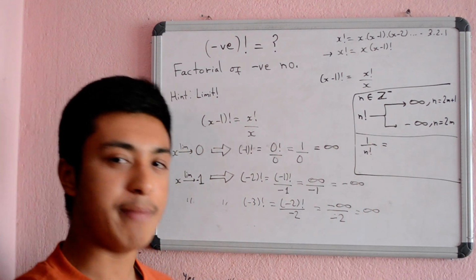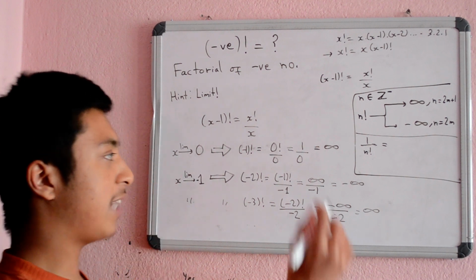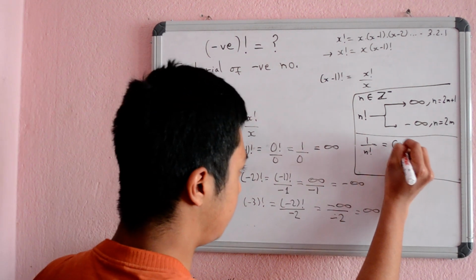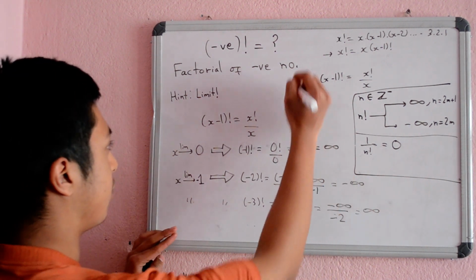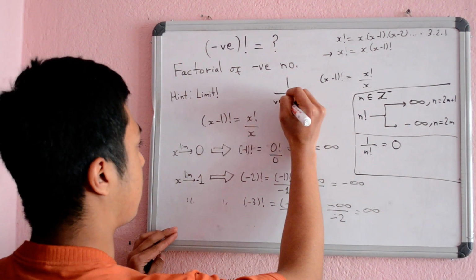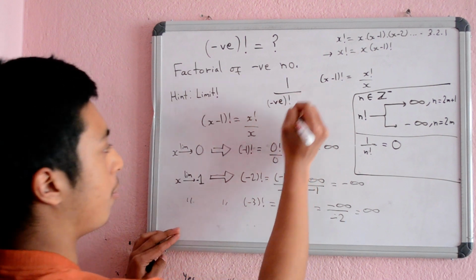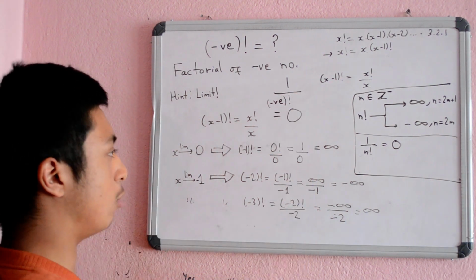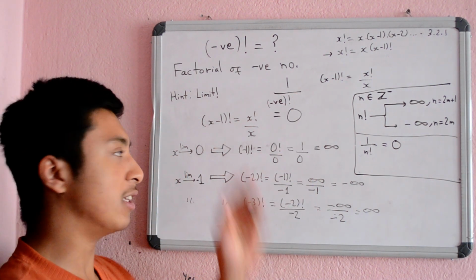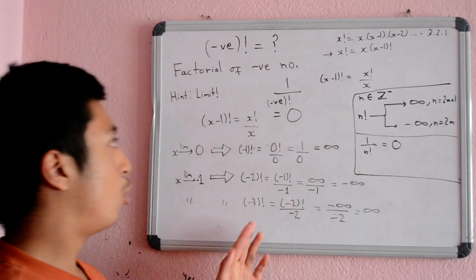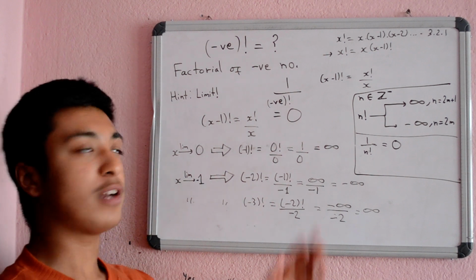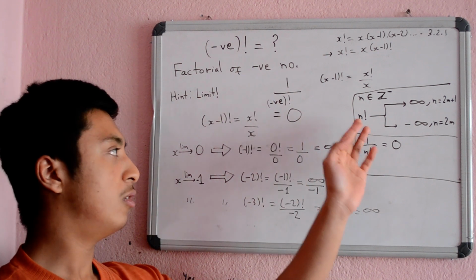But does that even matter? Well, no, because either way you'll just get 0. So we can also say 1 by the factorial of a negative number will always be 0, as long as we're taking the limit. Otherwise it's obviously undefined. So there we go, we have found the factorial of negative numbers.